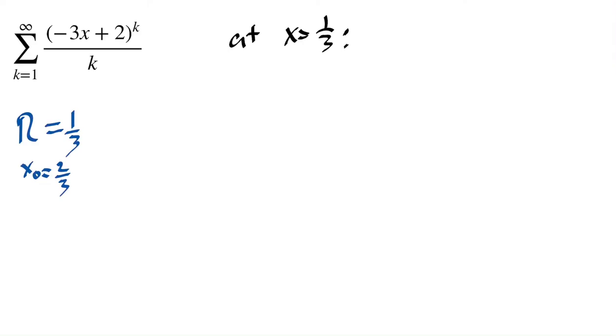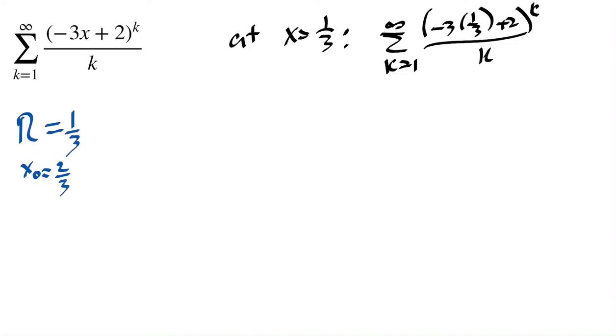So at x equals 1/3, what do we get? Well, we get the sum as k goes from 1 to infinity of, if I put 1/3 in there, (negative 3 times 1/3 plus 2) to the k, all over k.